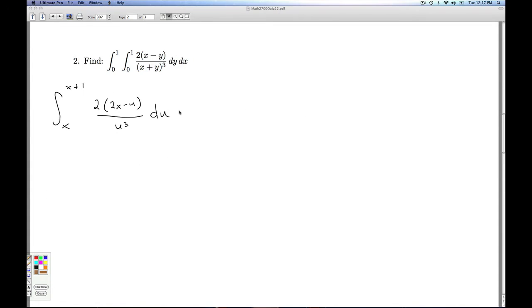This integral is going to be evaluated similarly to the one we had before. So here's the integral, and as before we're going to break this up. The integral from x to x plus 1 of 4x over u cubed minus 2u over u cubed, which is going to give me 2 over u squared, du. And now these are two Calc 1 integrals. U to the minus third integrates to u to the minus 2 over negative 2.